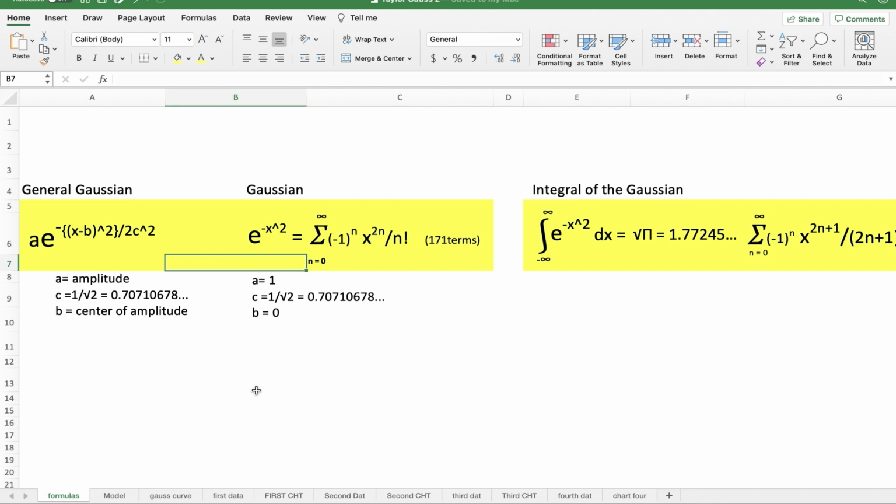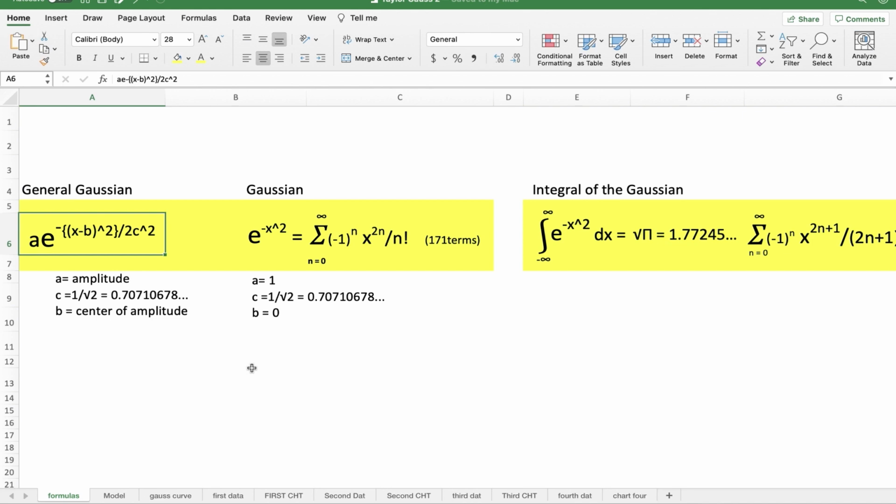But before that, I want to talk about, and actually we use this in 2 problems, a problem that we solved earlier, and that was with the e to the minus x squared. That's the Gaussian. And you can see here, this is the general form for the exponential function known as the Gaussian.